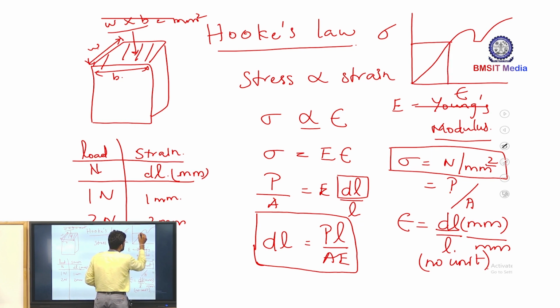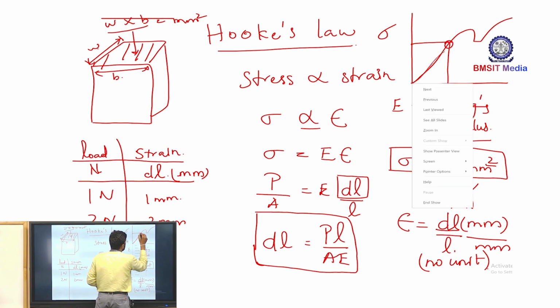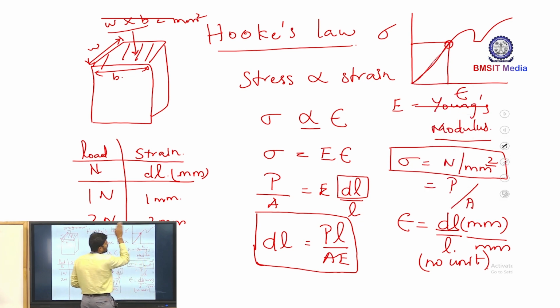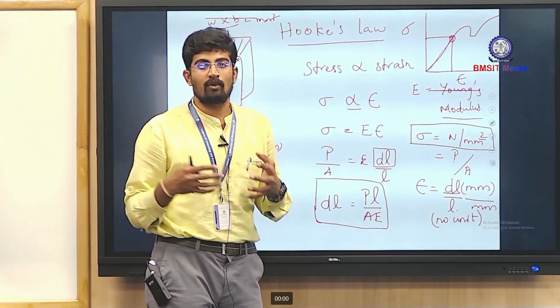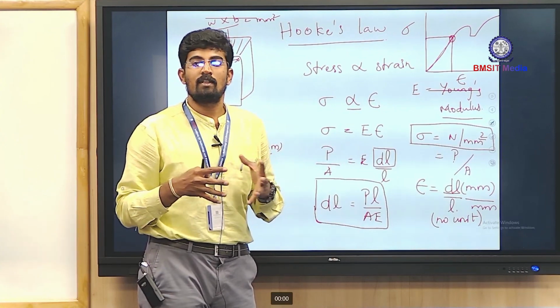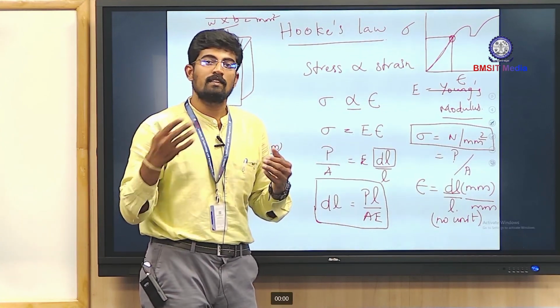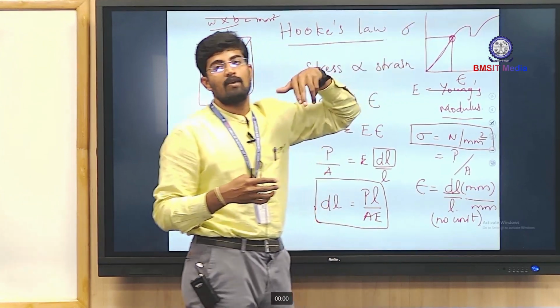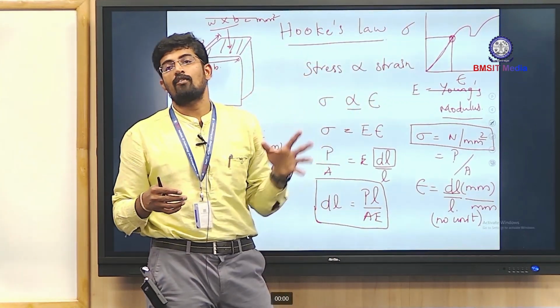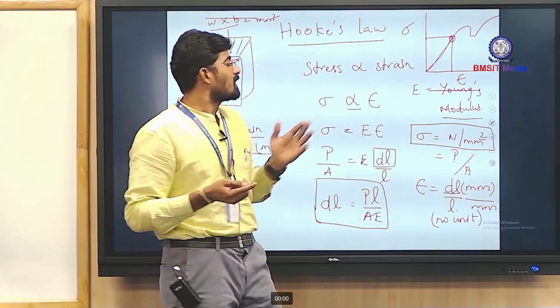From here to here, your stress is directly proportional to your strain. After that it behaves differently, an intermolecular displacement and disarrangement takes place. This is the other part. We'll study it when we study the stress strain graph for mild steel.